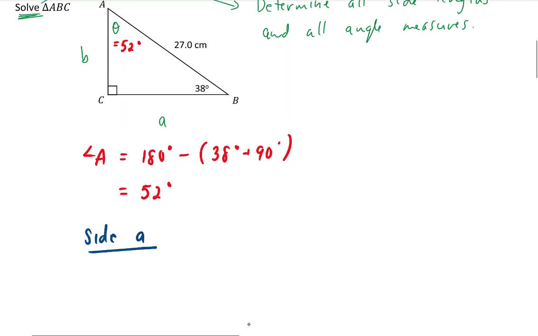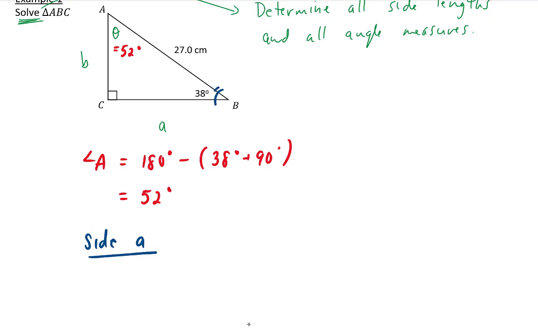Well, first, let's think about what we have. Take the angle we know is 38, and we know the hypotenuse, and we want to find the adjacent side.